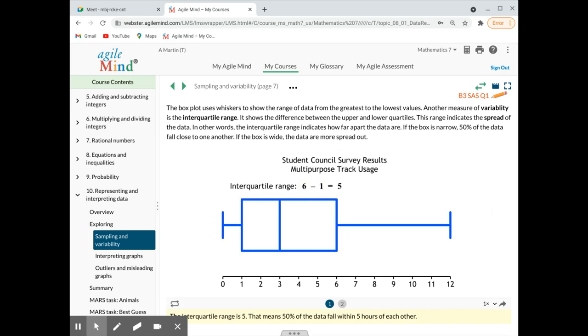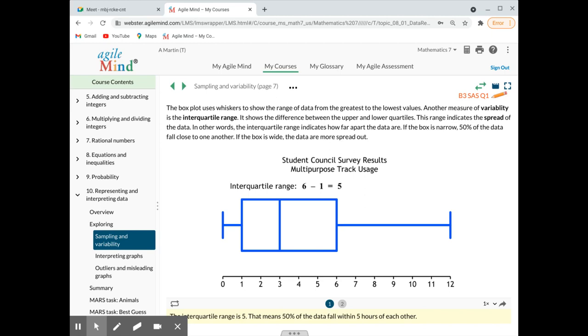Okay, explain. So like the front half, or like the first quartile is 1, and then the second quartile is 6. Correct. All right. So that means that there's an interquartile range of how much?